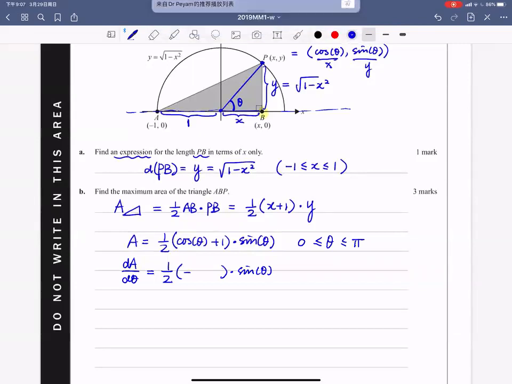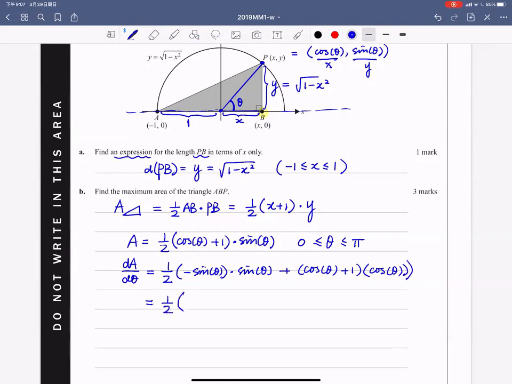So it's minus sine theta plus, what else? Cosine theta plus 1 times the derivative of sine, which is cos theta. Moving on, half bracket minus sine square theta plus cos square theta plus cos theta.